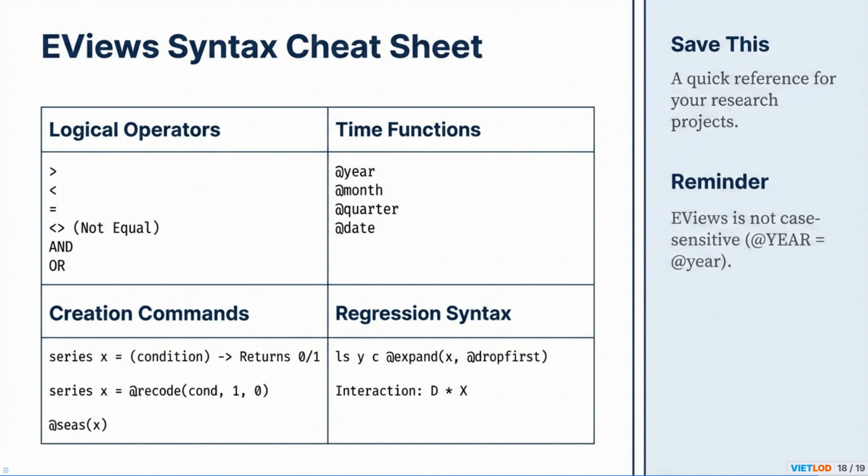For example, the variance of wages might be much larger for high-income earners than for low-income earners. If heteroscedasticity is present, your standard errors will be incorrect, leading to unreliable hypothesis tests. The fix in EViews is to use White's heteroscedasticity consistent standard errors, which can be easily done by adding the option cov equals White in your estimation.